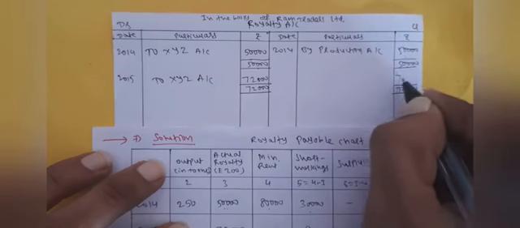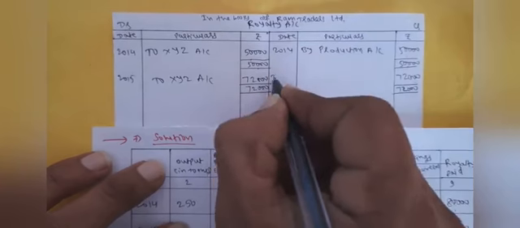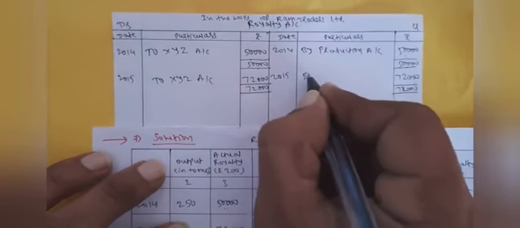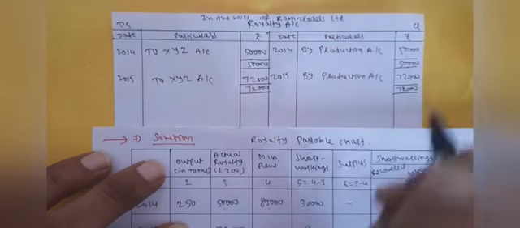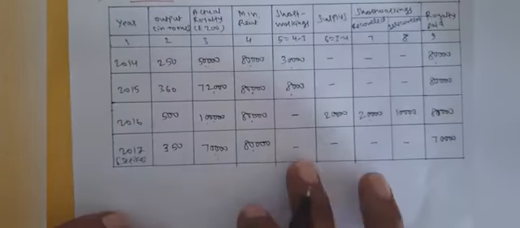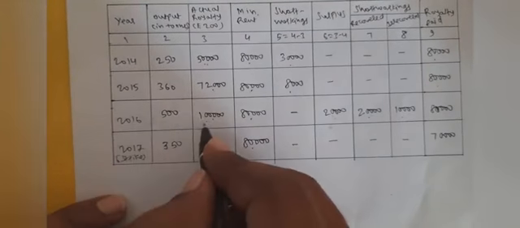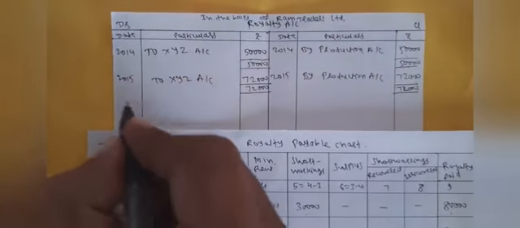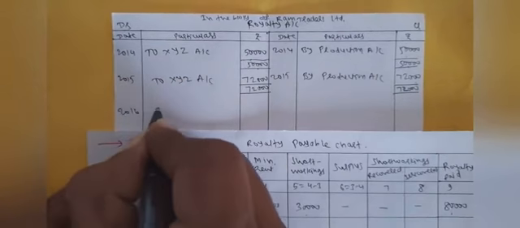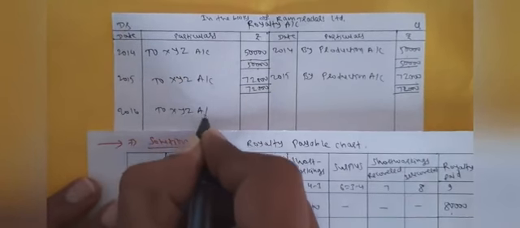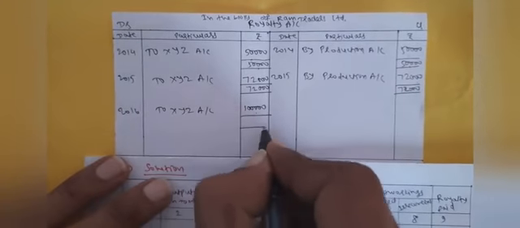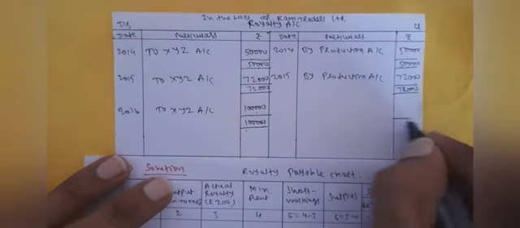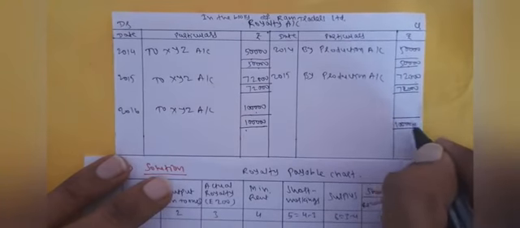What I told you: if the royalty is based on output or production, it should be transferred to production account, and if it is based on sales, it should be transferred to P&L account. 2016 actual royalty is 1 lakh. 2016 to XYZ account, 1 lakh.